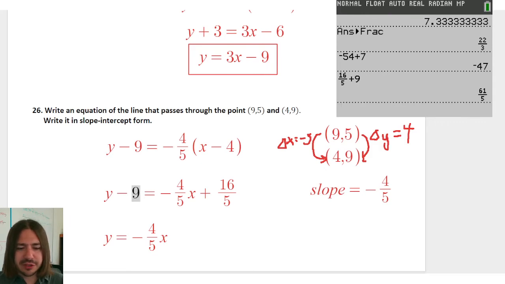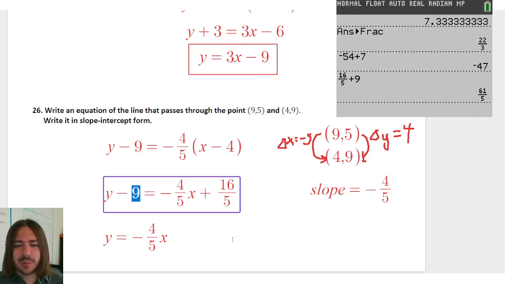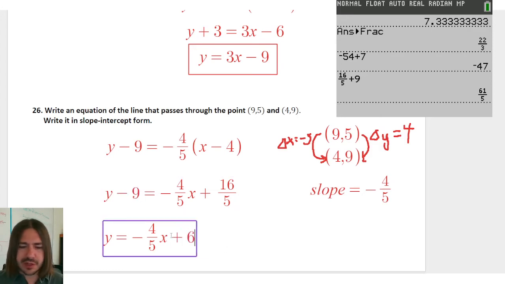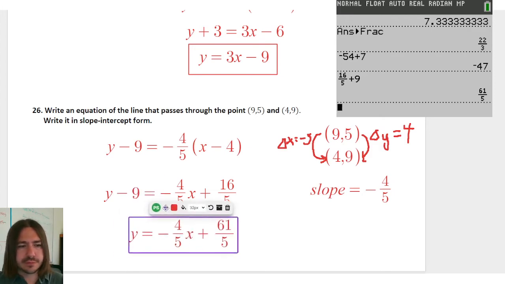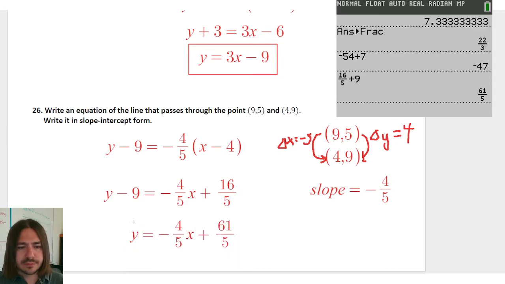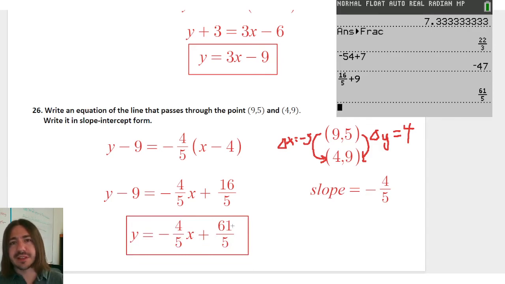So I should have probably just trusted my gut there, but I wanted to make sure I didn't get it wrong. So 61/5 is going to be our constant. That is our y-intercept, and we're done with that one. So this equation represents a line that will pass through both of these required points. And that's it.